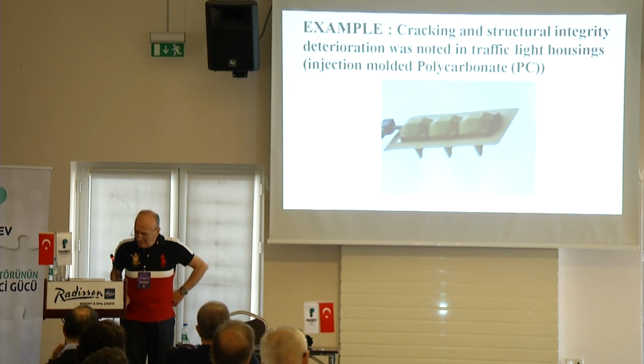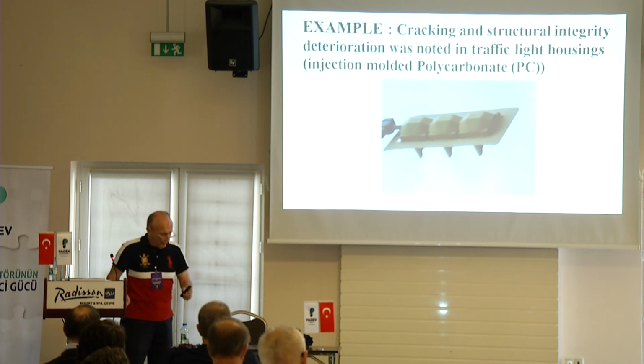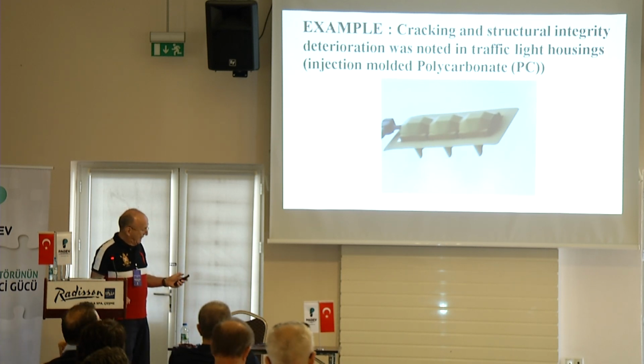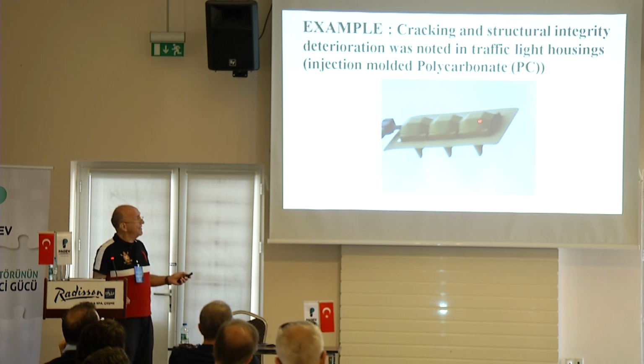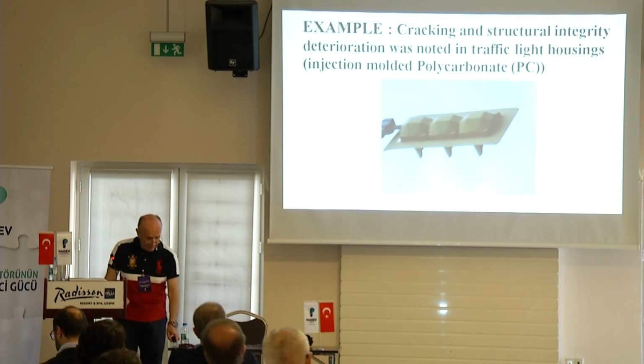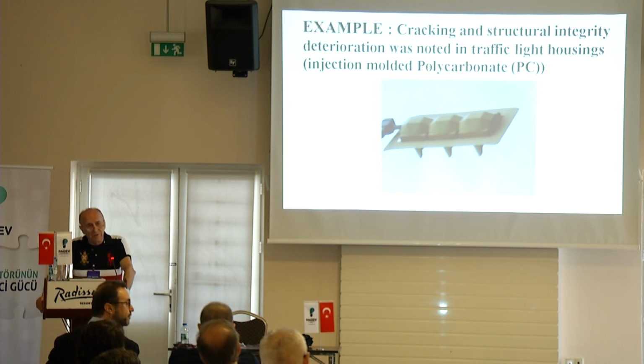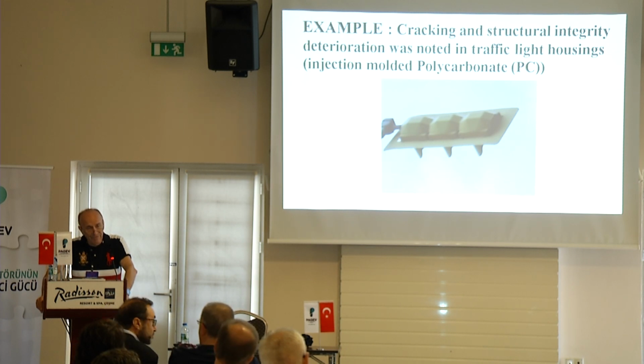Well, that was in Canada. And this is an actual picture of those traffic lights. This is the housing made of polycarbonate. And they asked me to go there because they thought it was a problem with flow in the mold. That's what they thought, flow in the mold.